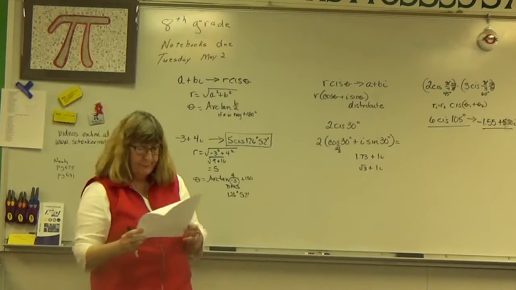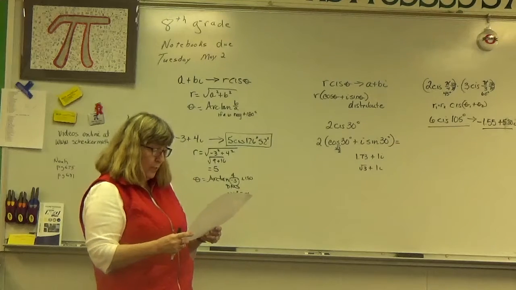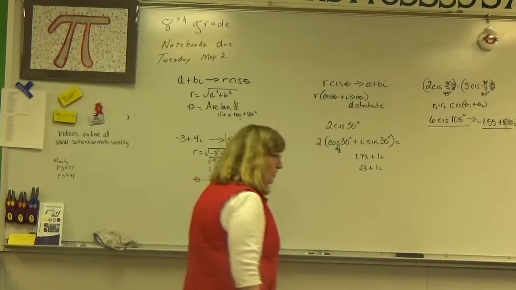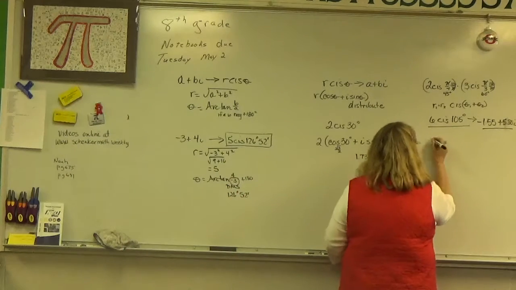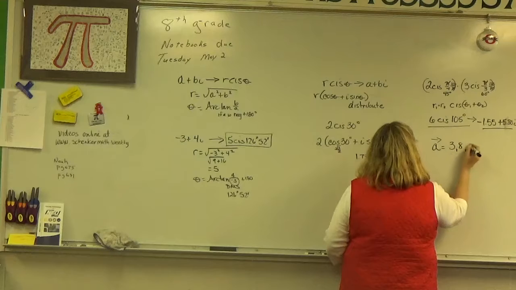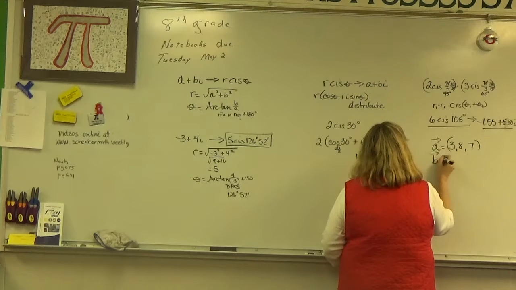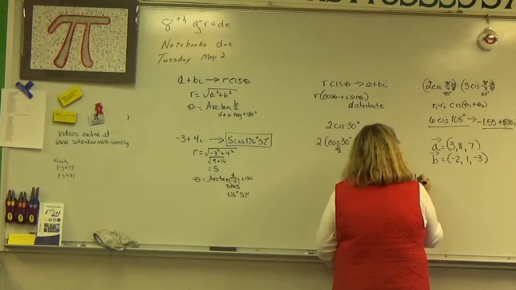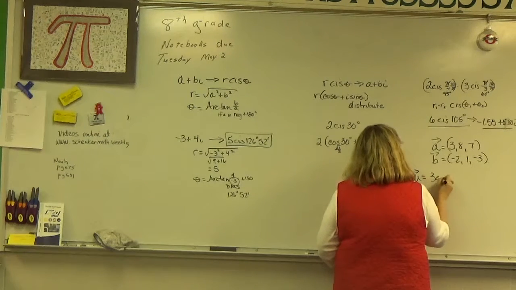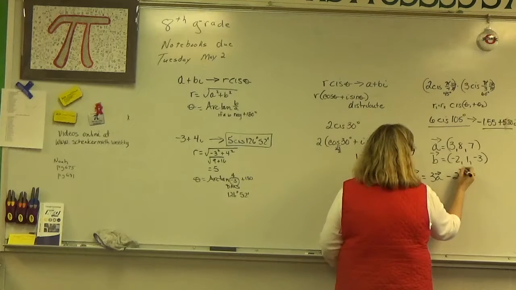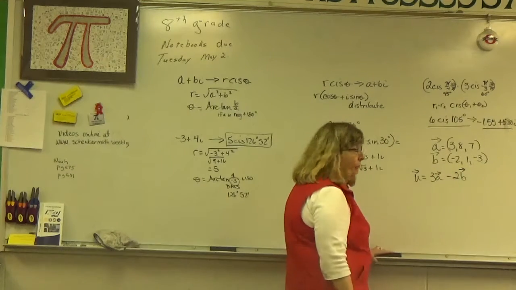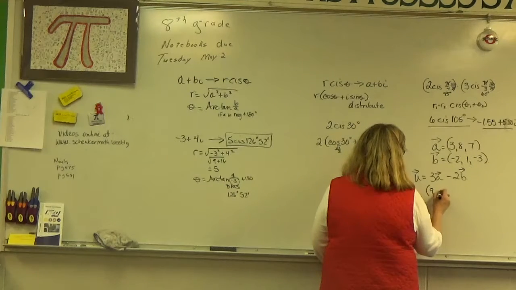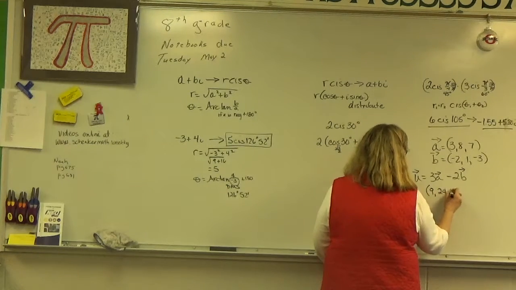Next, ordered pairs, performing operations with vectors. If you guys missed these, this is what you just finished. So if I said vector u is 3 vector a's minus 2 vector b's, you times the a points by 3, so you get 9, 4, and 21.